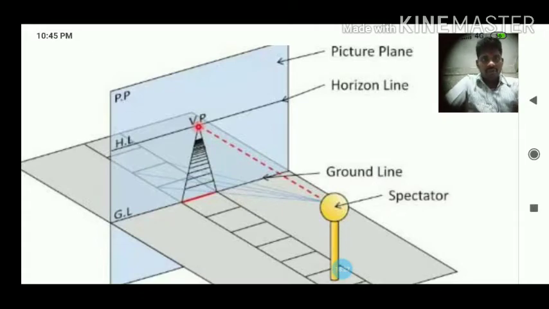So at this point, the two lines appear joined or converging. Two lines are converging, so after this appearance both are joined. But really, are both lines joined? No, really the two lines are not joined, but the appearance is that both lines are joined at that point. Can the spectator see anything further?